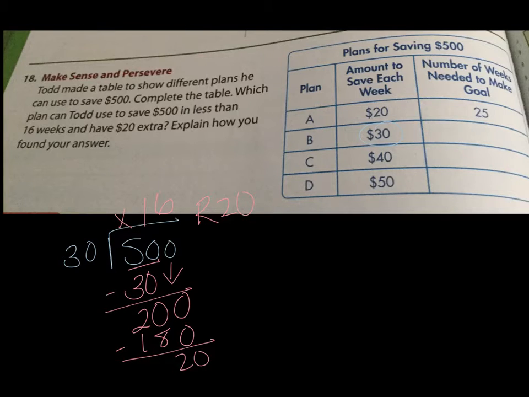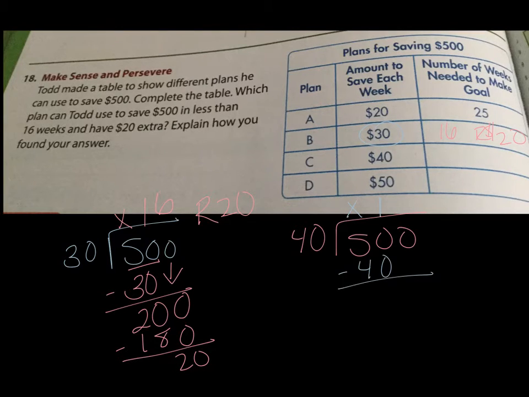The question asked us if you have less than 16 weeks and have $20 extra. Well, we had 16 with a remainder of $20. So that's a possibility. Let's look at when we say $40. We have 500 divided by 40. 40 does not go into 5, but it goes into 50 one time.